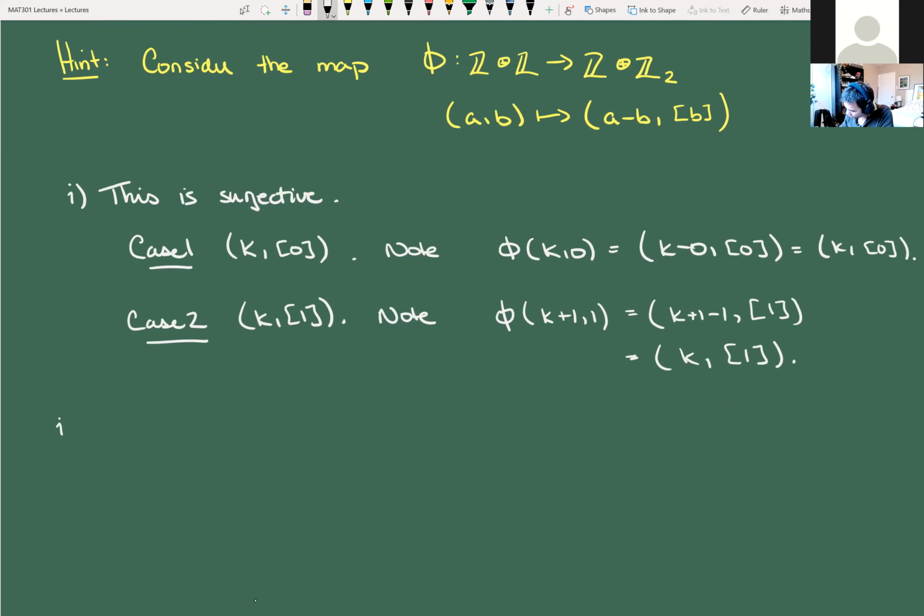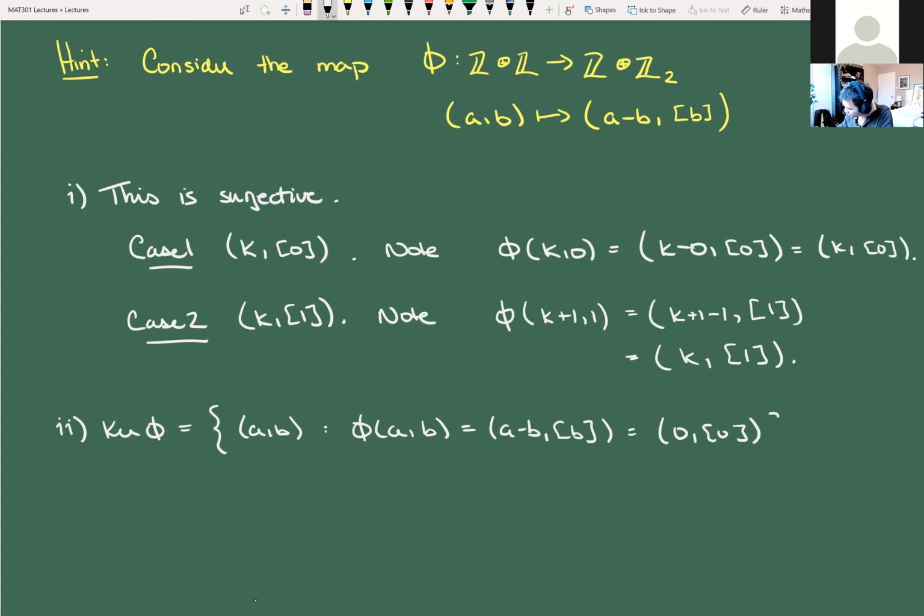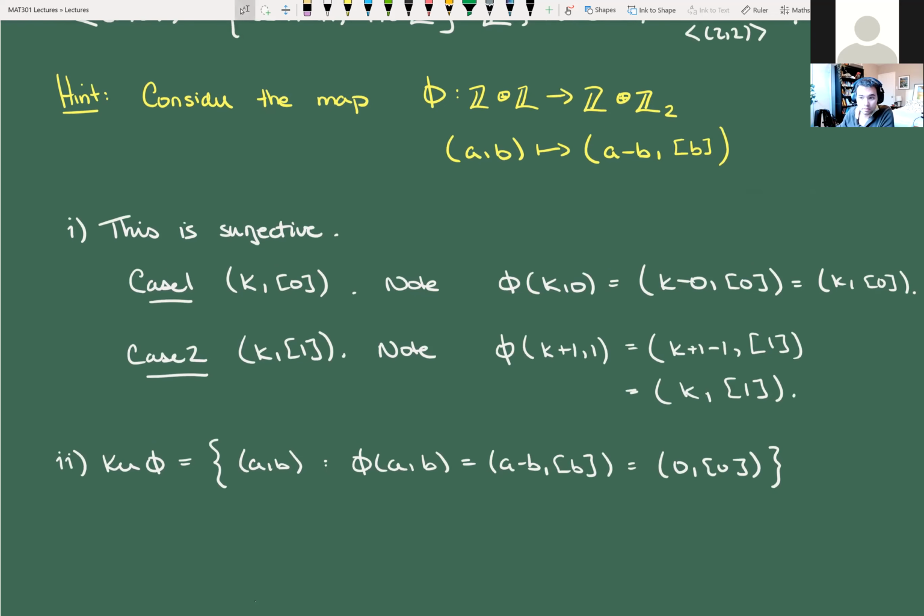Second, what's the kernel? This is a fun one. I really like this. The kernel of this map is the set of all (a, b) such that phi of (a, b), which is a minus b and the equivalence class of b, is equal to (0, [0]), because that's the identity element in Z plus Z2.